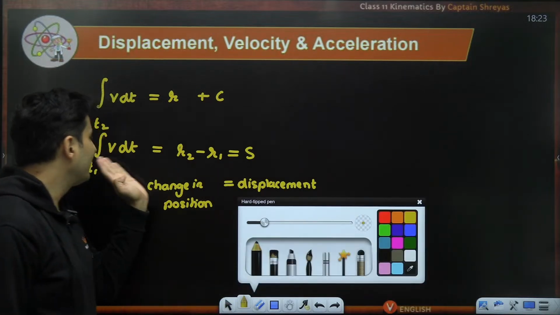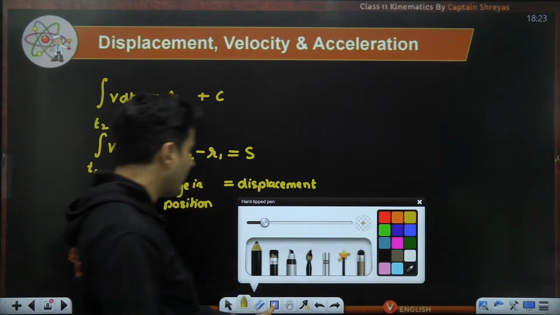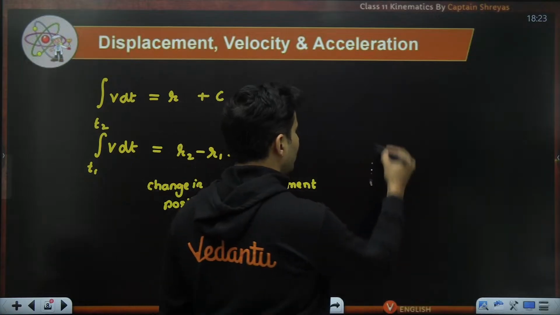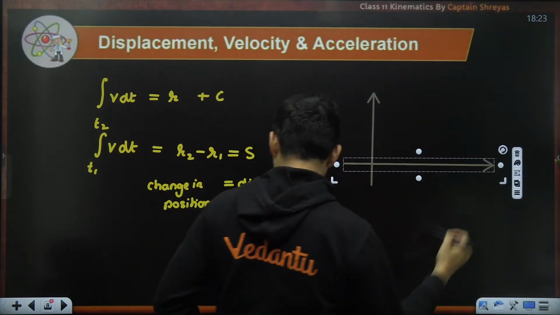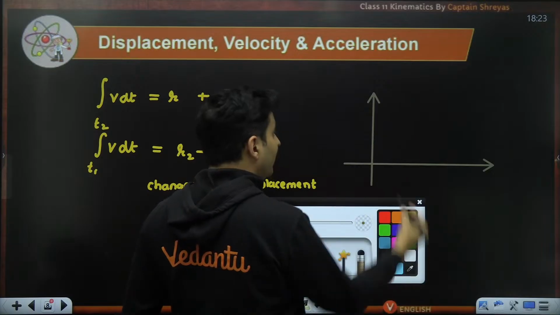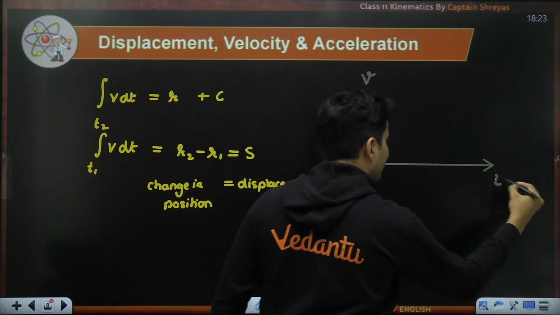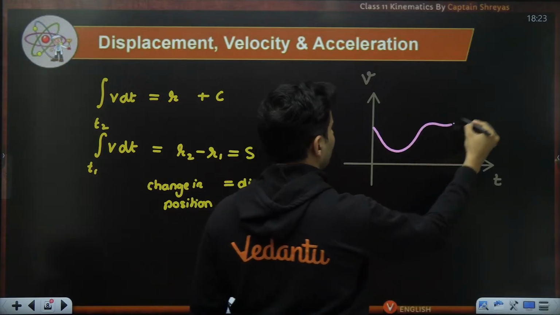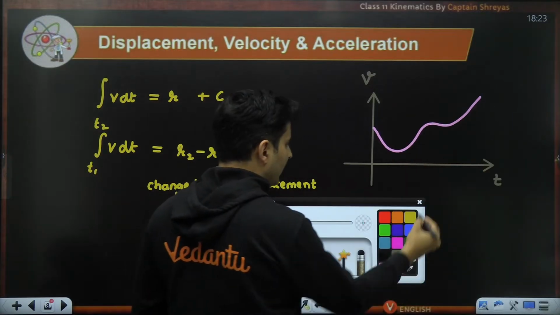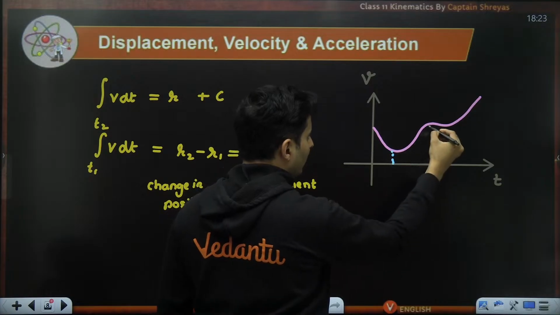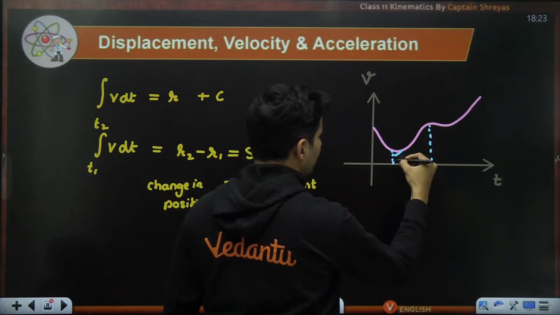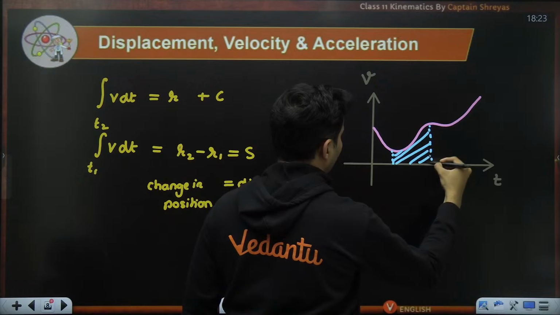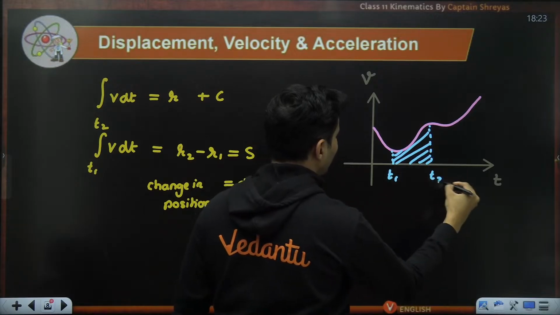So because definite integration is also area under the graph, which also means that if you have a graph of velocity versus time, maybe it is something like this, and you figure out the area between 2 points from t1 to t2.